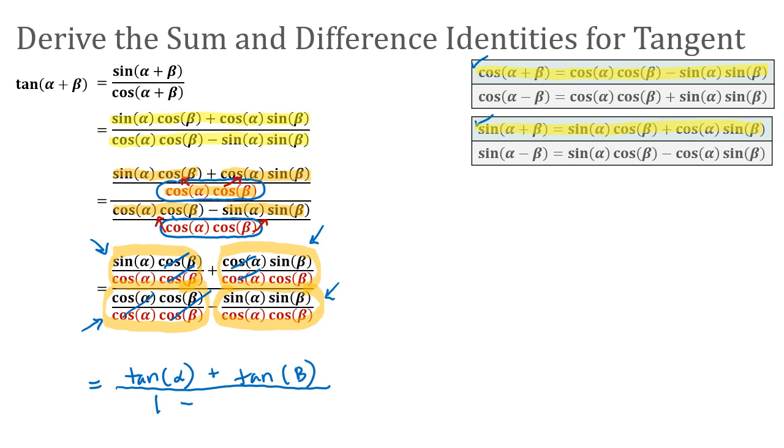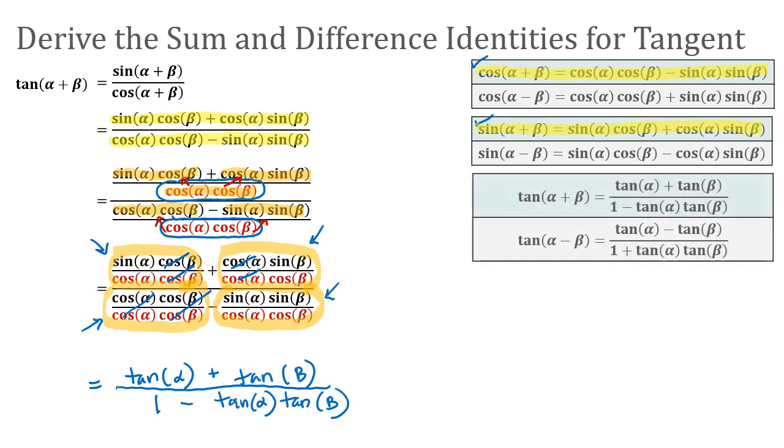Looks like nothing cancels out, but what I do have is the sine of alpha over the cosine of alpha, which is the tangent of alpha, and then the sine of beta over the cosine of beta, which is the tangent of beta.